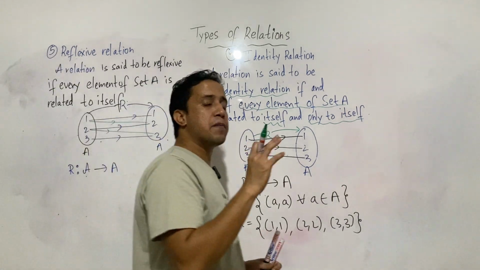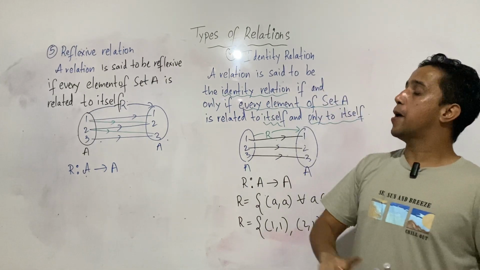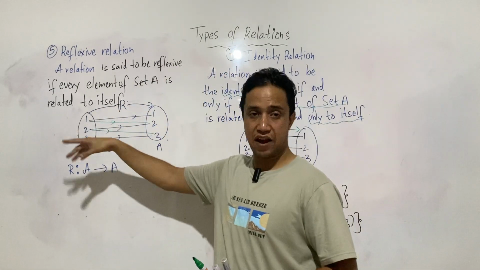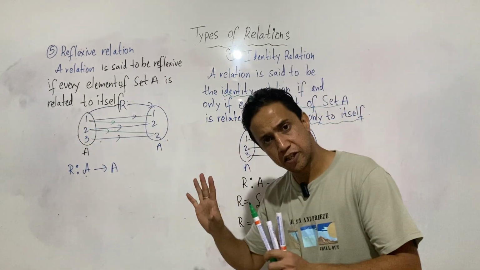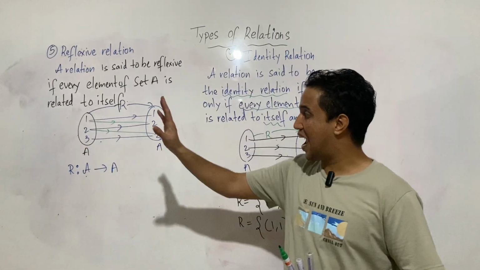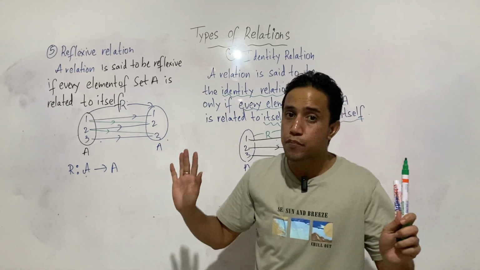Yes, the minimum condition for any relation to be reflexive is that every element must be related to itself, but these elements can be related to the other elements. There is no problem with it.